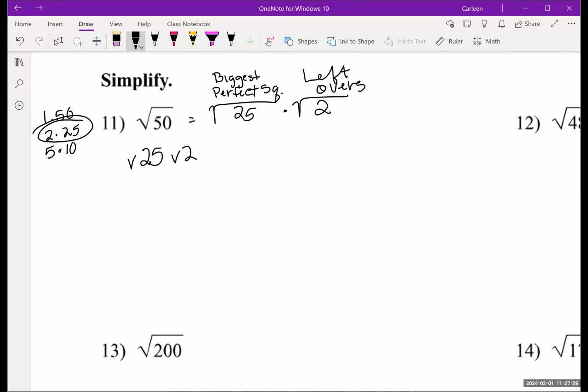Or do we have a question? The biggest perfect square and the leftovers. So now we simplify. What is, Zoomers, the square root of 25? All right, 5. And then you bring the leftovers down. There you go. As usual, the first one took a very long time.